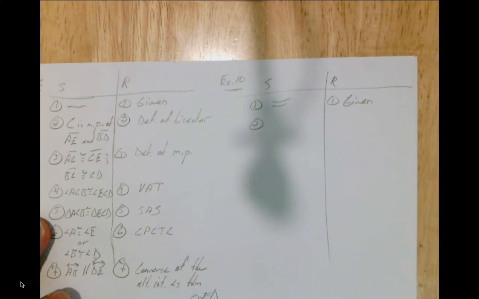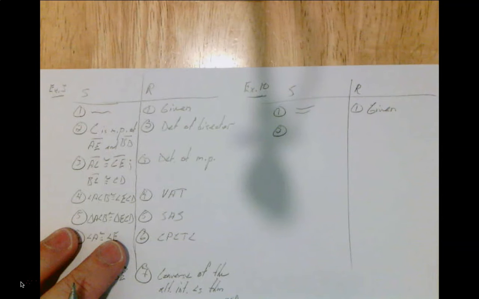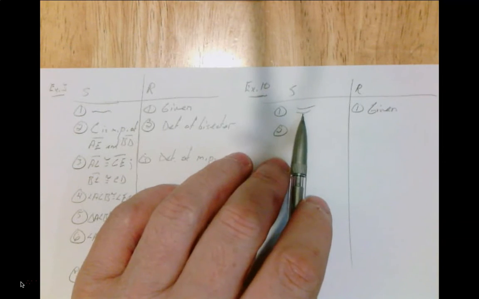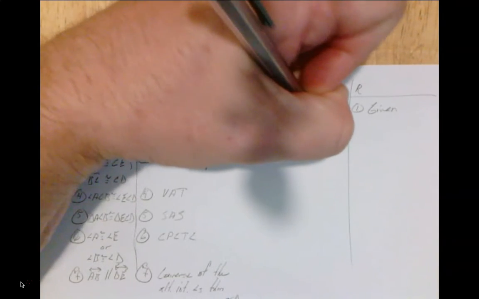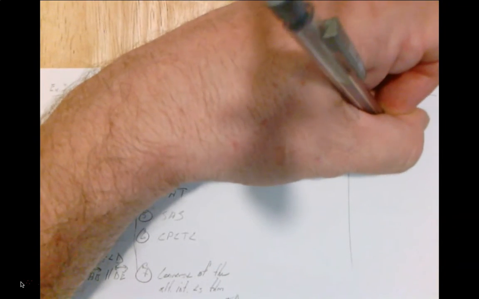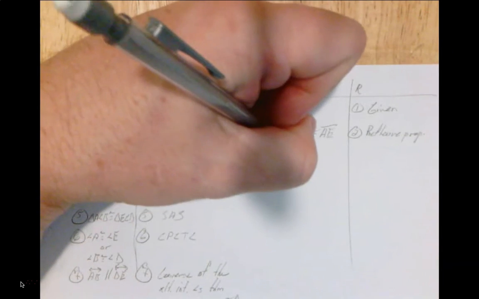It's actually a super quick proof because the toughest part in this proof was knowing which triangles to separate and redraw. But once you actually write out the proof, here I have side, side, AE congruent to AE by the reflexive property. Side, side, side.